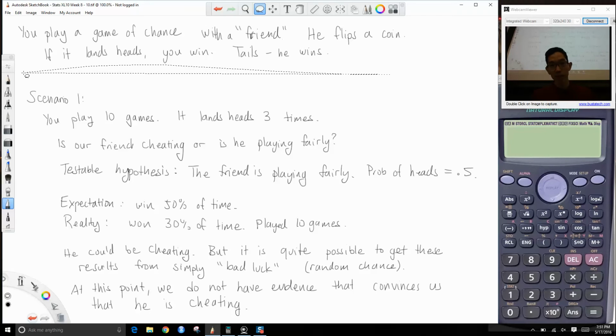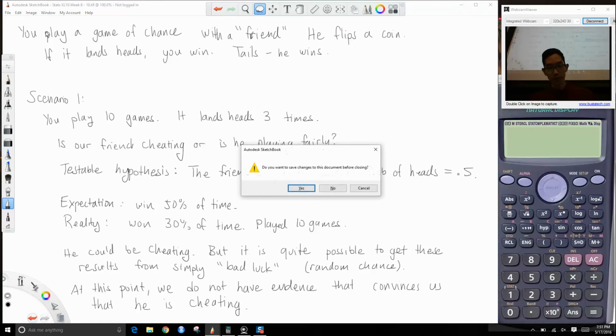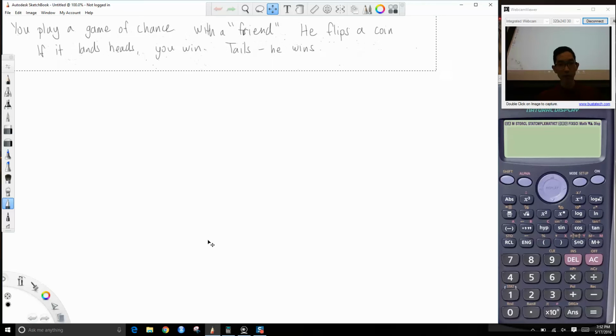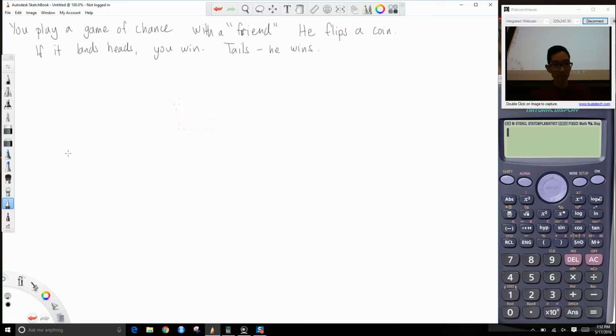Copy the same thing. Okay, except this time scenario 2. Can I flip to the next slide? Okay. Scenario 2, we're going to play 1,000 games. Okay.